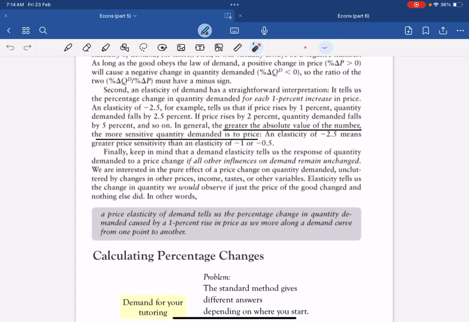There is a straightforward interpretation: it tells us the percentage change in quantity demanded for each 1% change in the price. For example, an elasticity of minus 2.5 means that if price rises by 1%, then the quantity demanded falls by 2.5%.